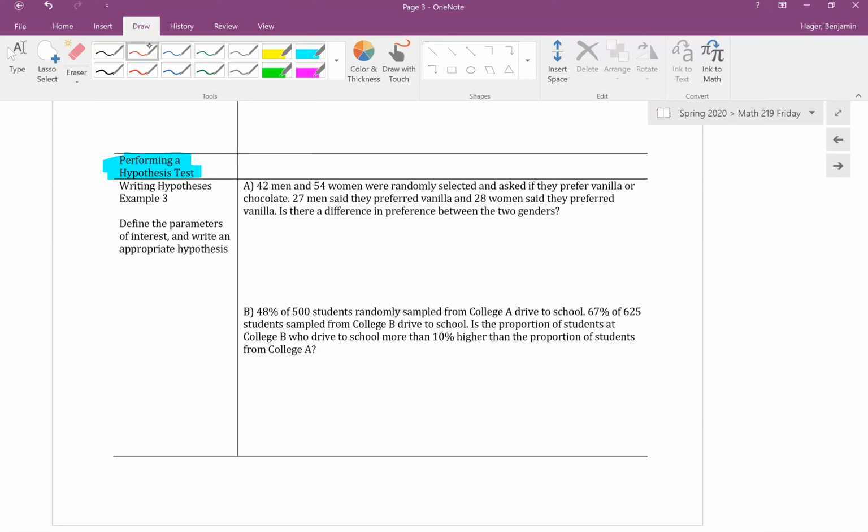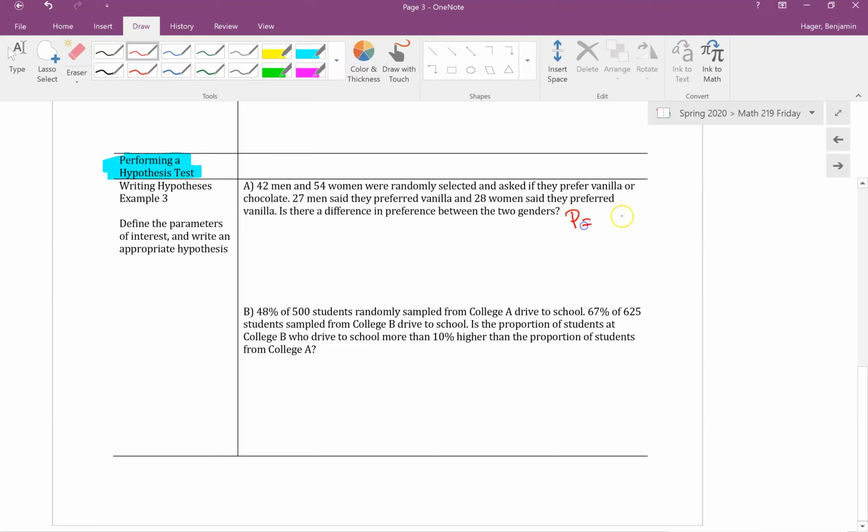So this says that 42 men and 54 women were randomly selected and asked if they prefer vanilla or chocolate. 27 men said that they prefer vanilla, and 28 women said that they prefer vanilla. Is there a difference between the two genders? Okay, so this may help to clarify.